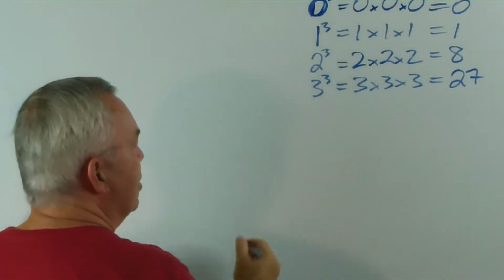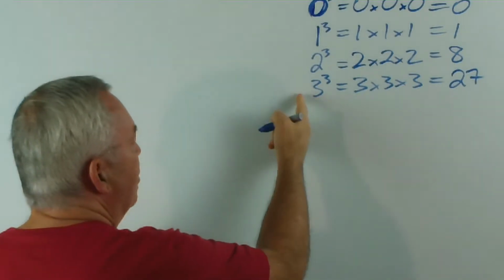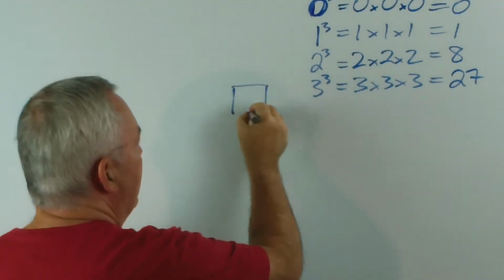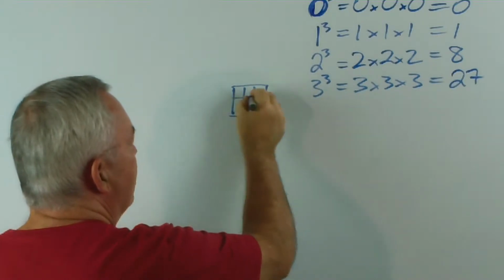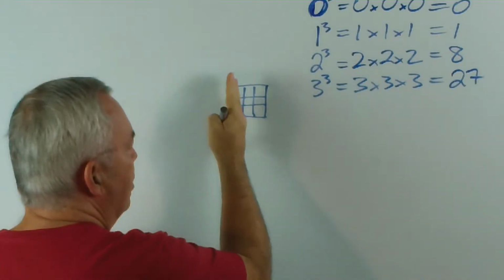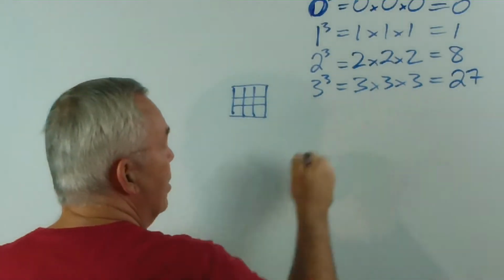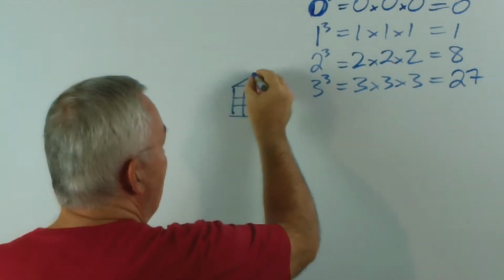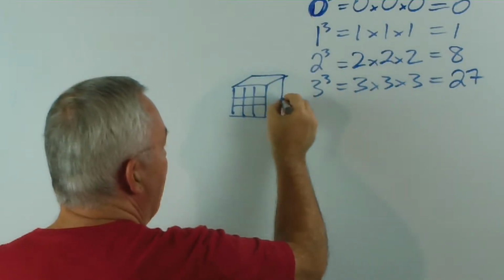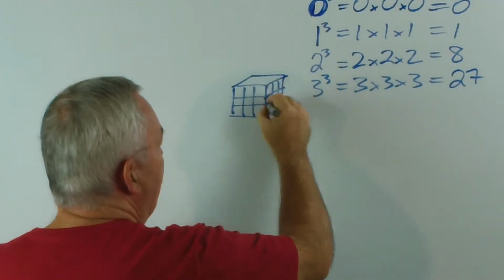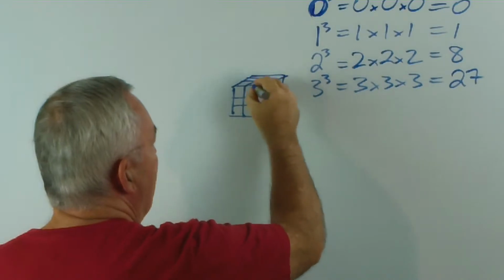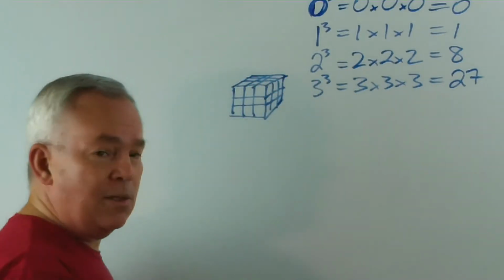Now, just to illustrate, 3 cubed, for example, is a bit like dividing a square into 3 columns across and 3 rows. Multiplying by 3 again is like projecting it backwards in 3 dimensions and making a cube where you have 3 layers back as well.